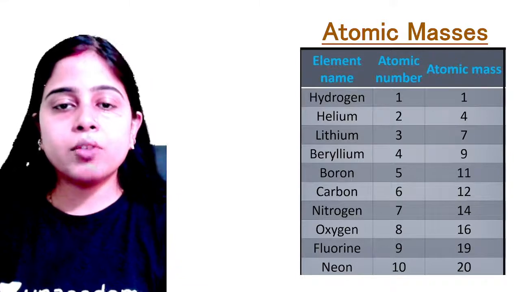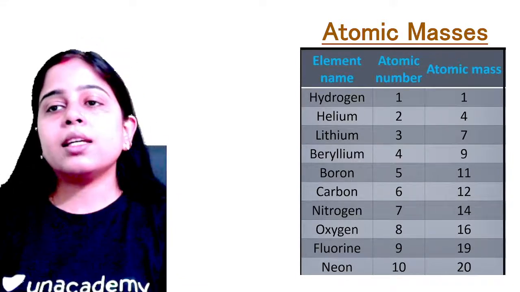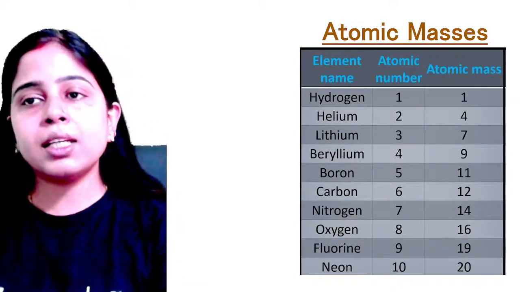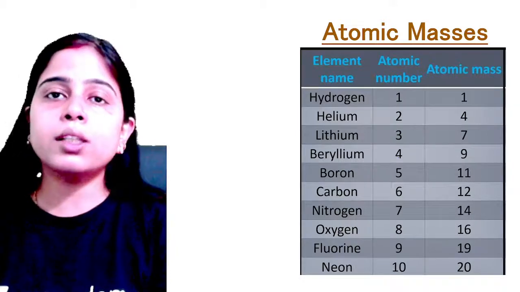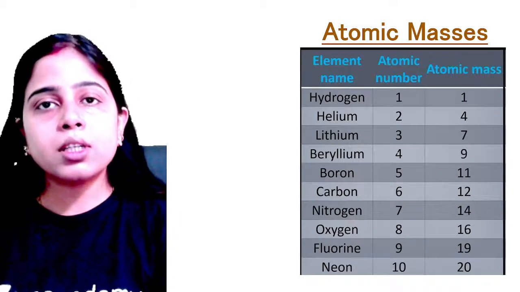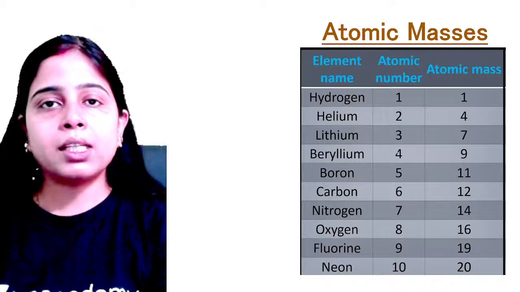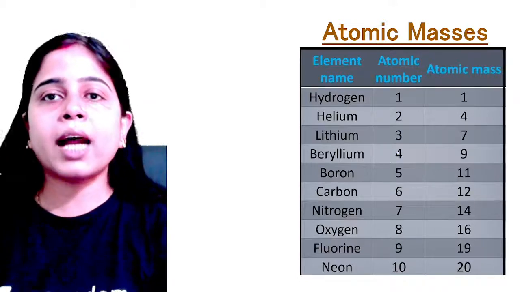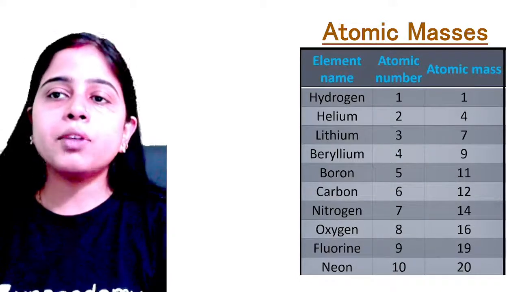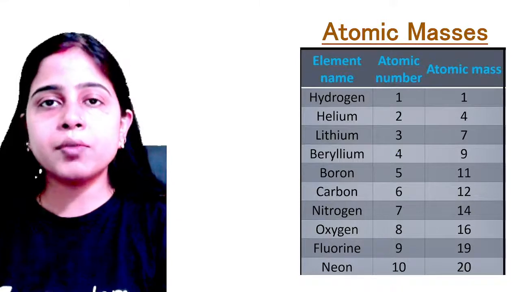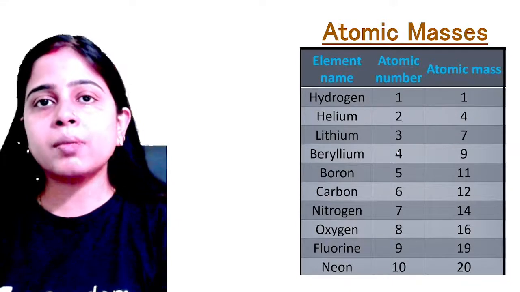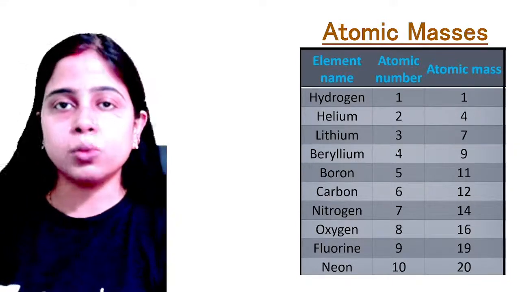You can see over here that if any atom has an odd atomic number, you can find its atomic mass by multiplying the atomic number by 2 and adding 1. And if you have an even atomic number, you find the atomic mass by multiplying it by 2.